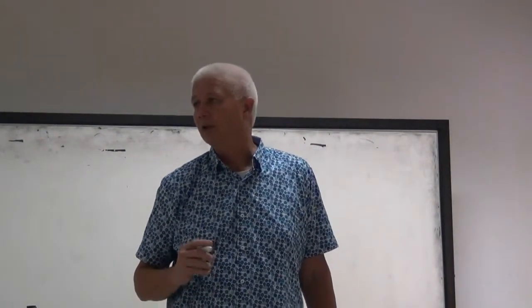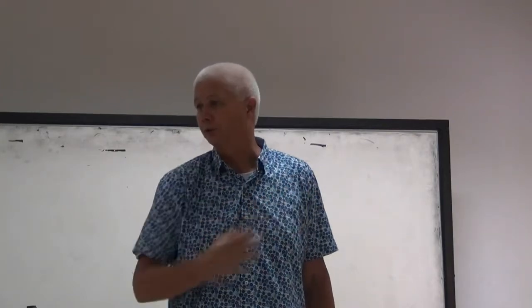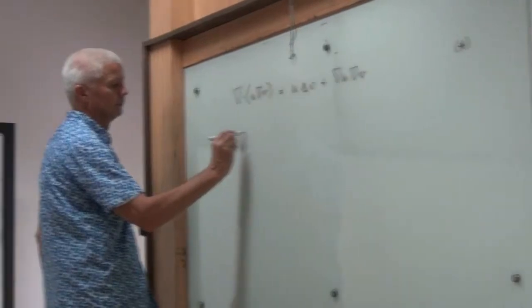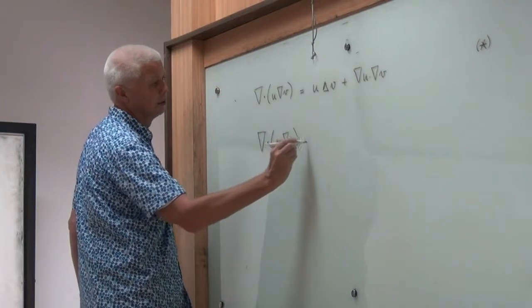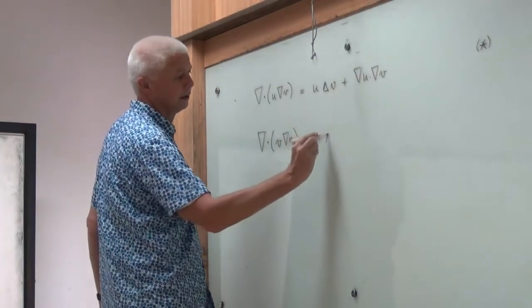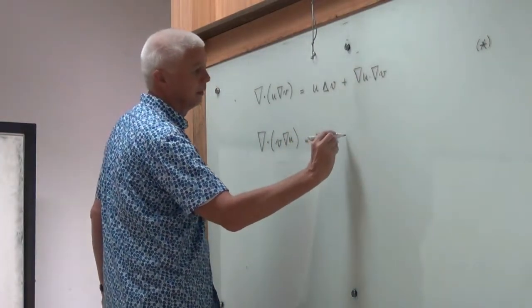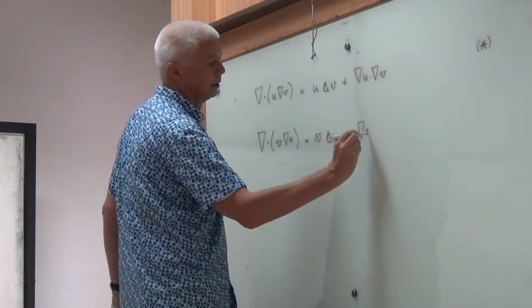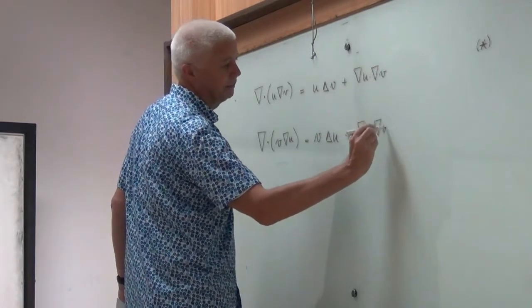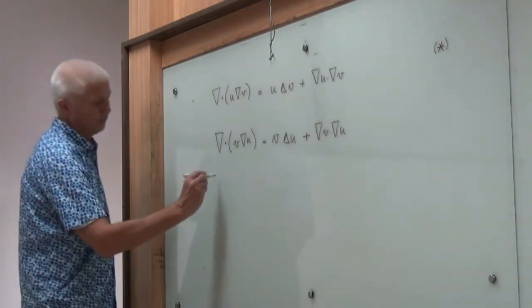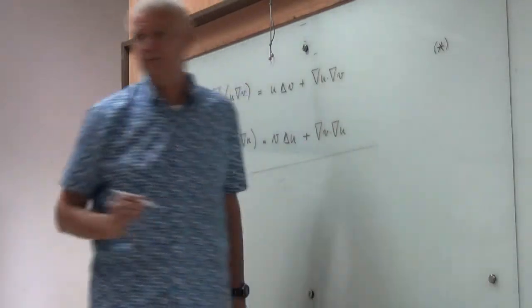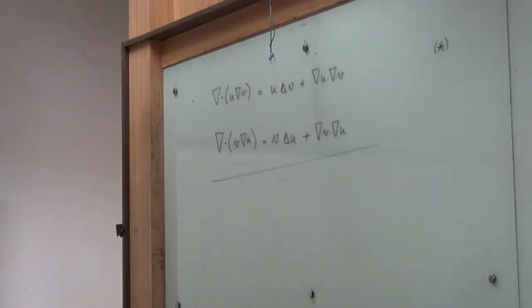I can do it also in another way. I can interchange U and V, and then it's still true. So I can also write the inner product of the Nabla operator with V gradient U equal to V Laplace of U plus, the same thing with U and V interchanged. Then I will subtract the two expressions from each other.